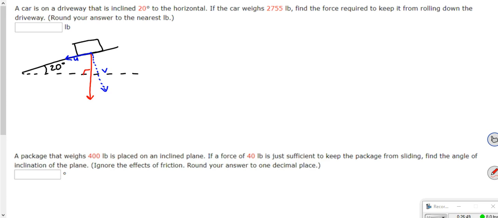Okay, U and V are perpendicular to each other. But my W here, that's my weight of the car. That's 2,755, and that's a J vector, because it's vertical, right? So that's J. Again, you can mark it negative, but it really doesn't matter for the problem, so I just leave it. Now, vector U is the force that tends to roll the car down the driveway.